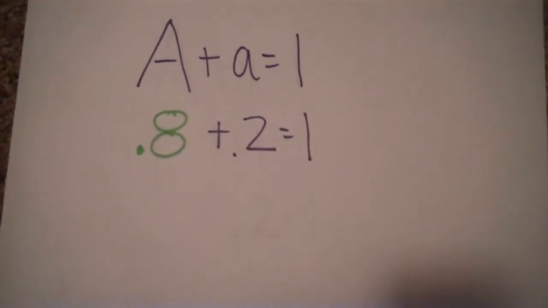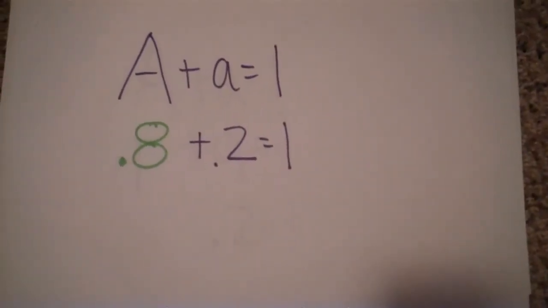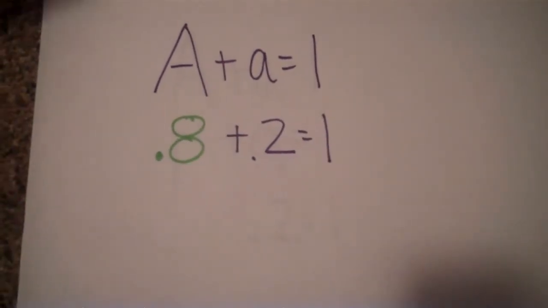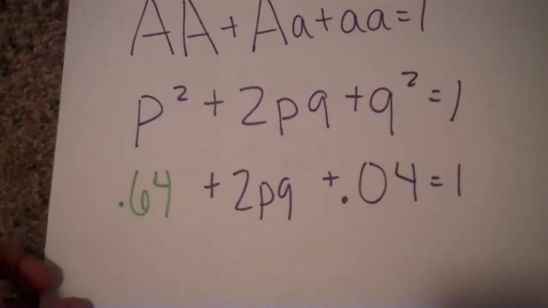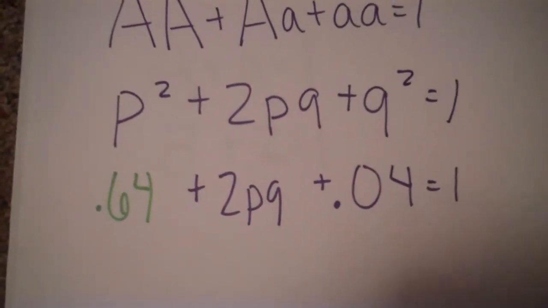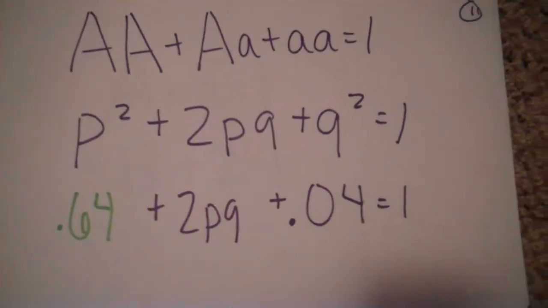And then after that, you know the value of A already, so you can figure out the value of big A by taking 0.8 squared, which would give you p squared, which would be 0.64.